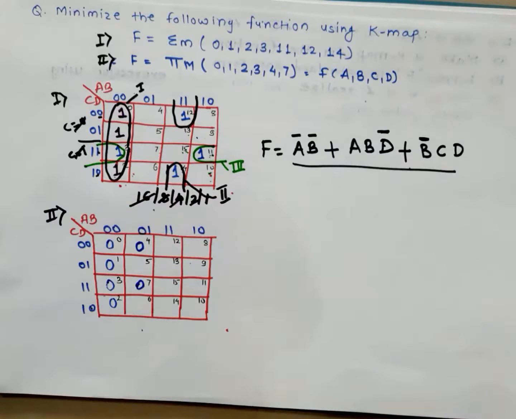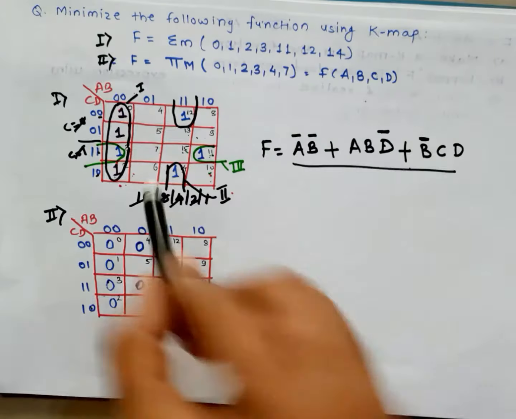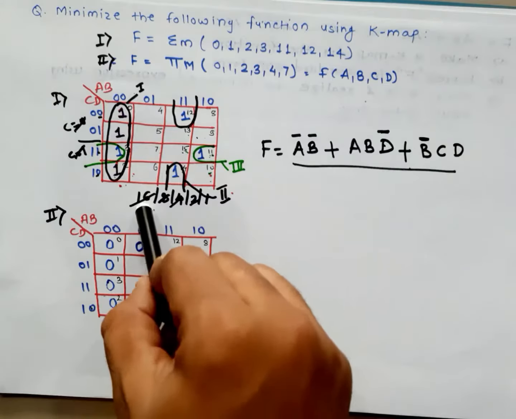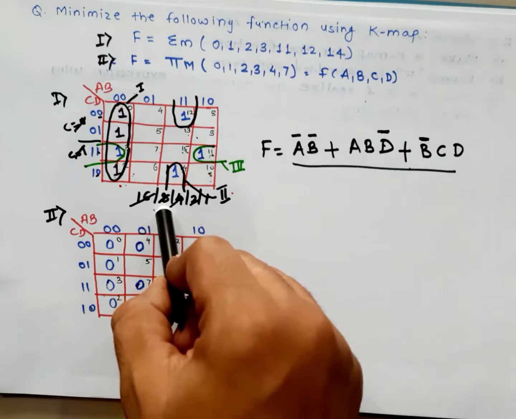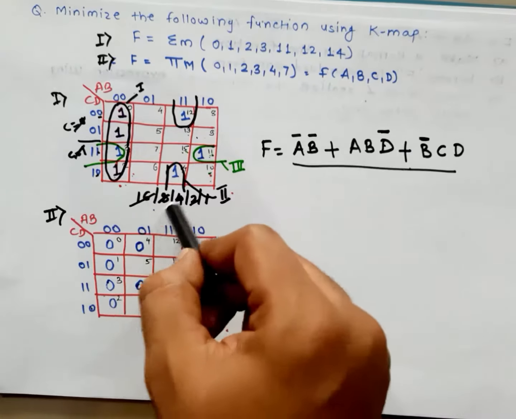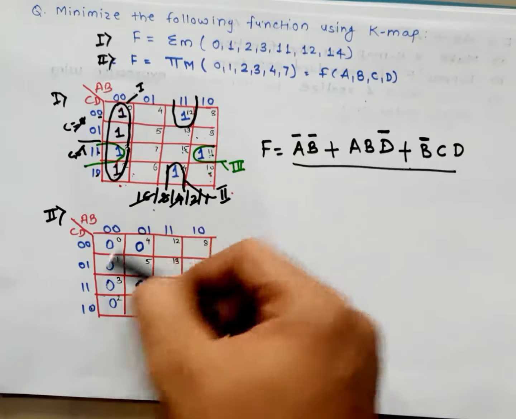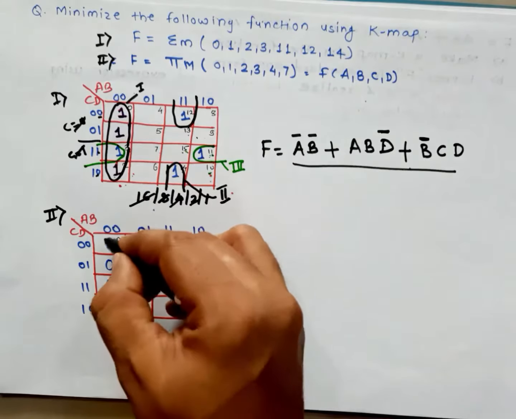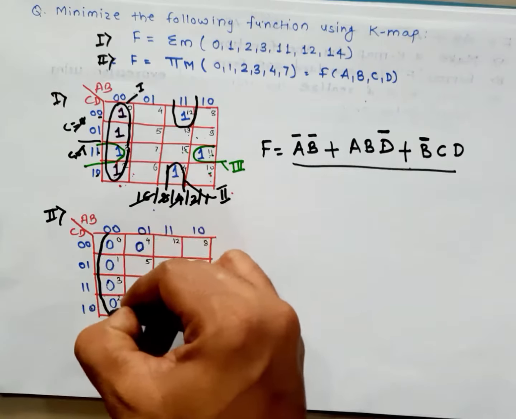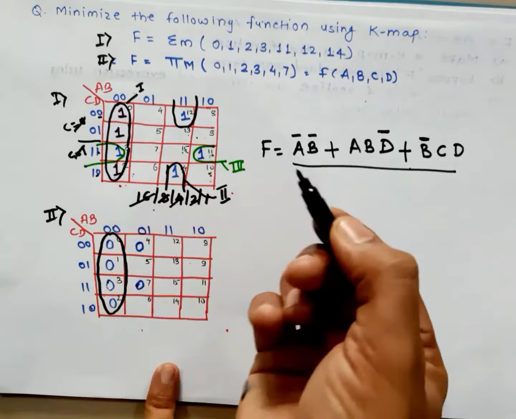Now we need to make groups for this K-map. While making a group, the first thing, always try for the maximum. A group of 16 cells is not possible. Then a group of 8 cells is not possible because only 6 cells are there. A group of 4 cells, yes, from this K-map you can easily see this is a vertical group of 4 cells.